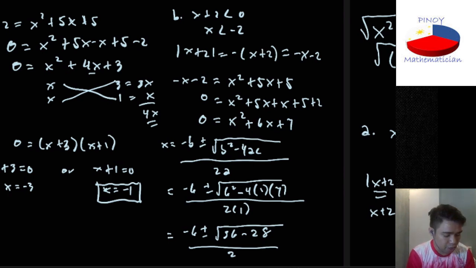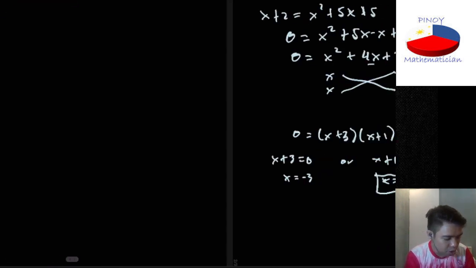So I'll just copy the previous slide: negative 6 plus and minus the square root of 36 minus 28, over 2.